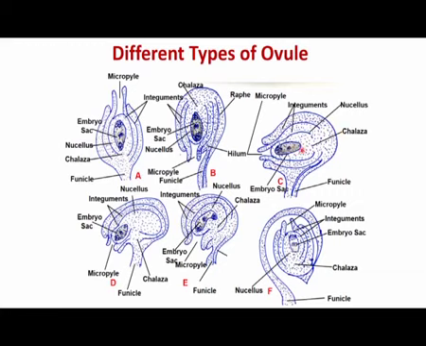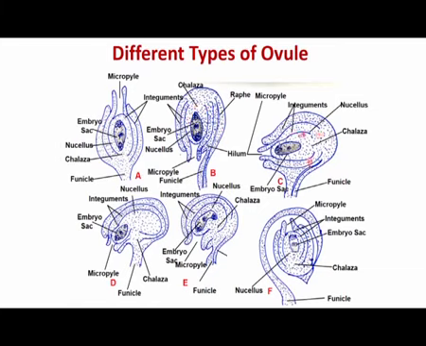Now, it comes to the hemitropous ovule. As the name suggests, it is actually a 50% rotation of the ovule. The body of the ovule is twisted only halfway, so that the degree of curvature is intermediate between the orthotropous as well as the anatropous.